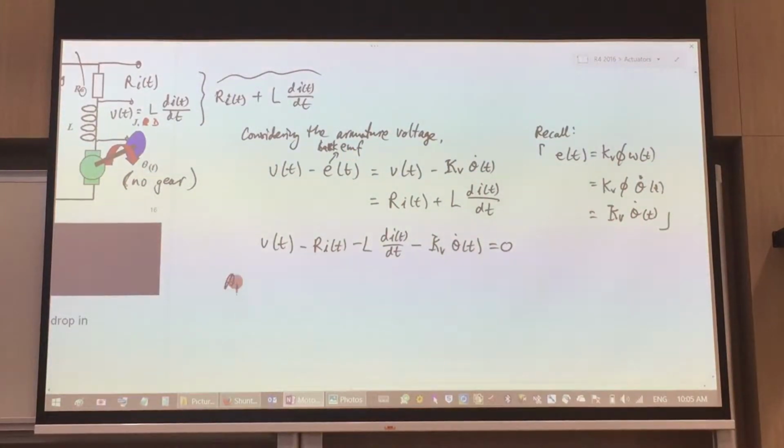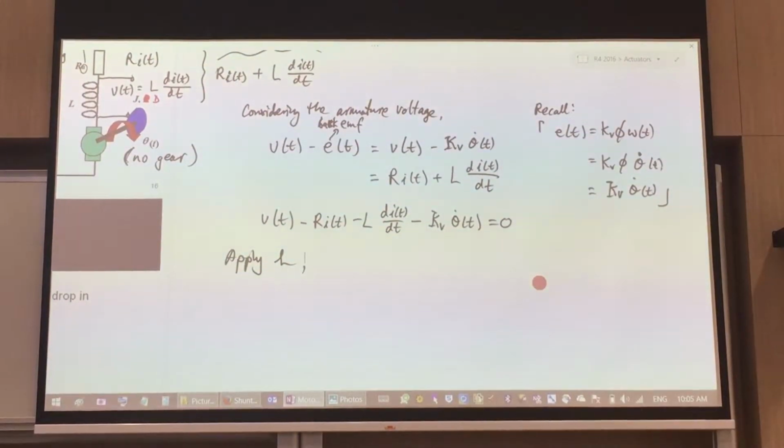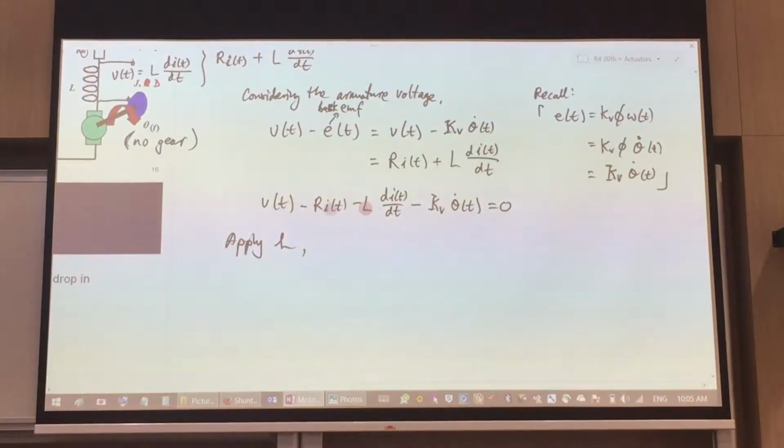So what we do next is to apply the Laplace transform. I'm going to use this L symbol to represent Laplace transformation. It's a shorthand. If you apply Laplace transformation to the above, I'll just write at the sideline, recall, if I have the Laplace transformation of x, I get X(s). The Laplace transformation of x dot, I get s X(s) minus x(0).